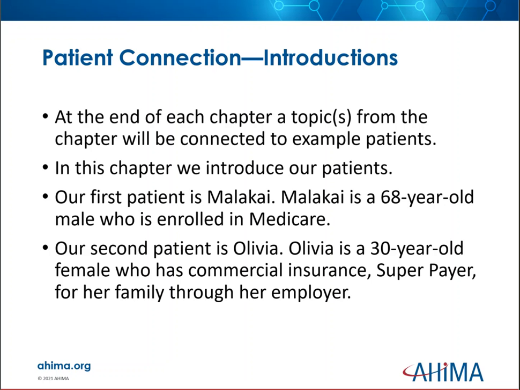The first patient is Malachi. Malachi is a 68-year-old male who is a Medicare recipient. The second patient at the end of chapter 1 is Olivia. Olivia is a 30-year-old female who has a commercial payer that she has gotten through her employer.